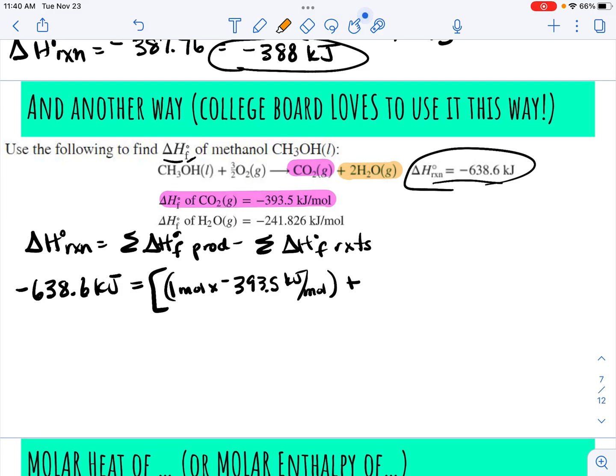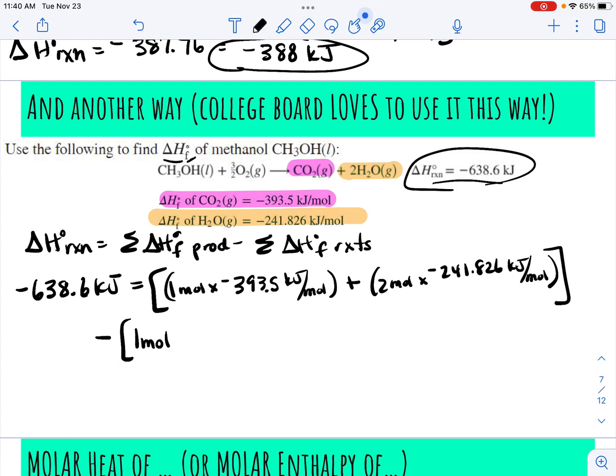So that's going to be the water vapor value that they give me here. So that would be 2 moles of water vapor times the standard heat of formation of water vapor, which is negative 241.826 kilojoules per mole. And that's my products, minus the sum of the reactants.